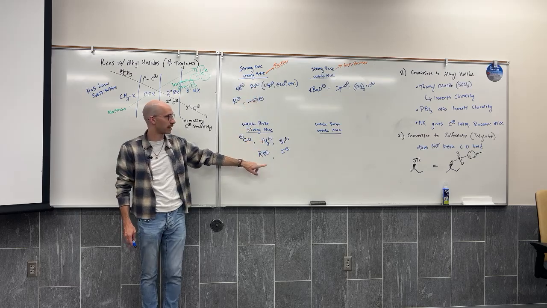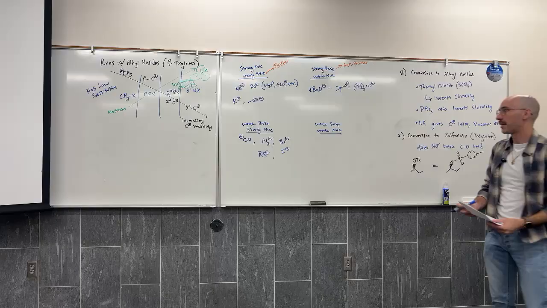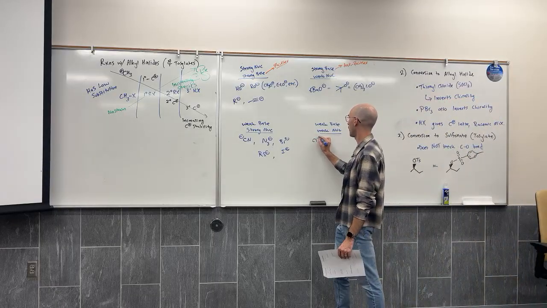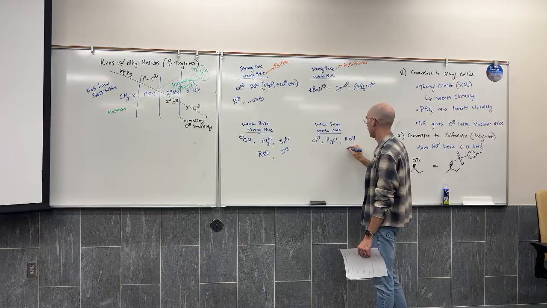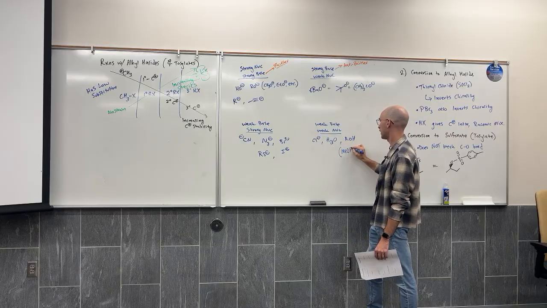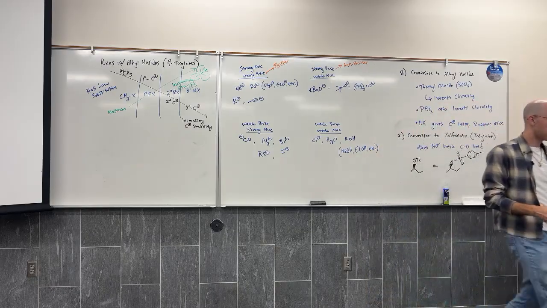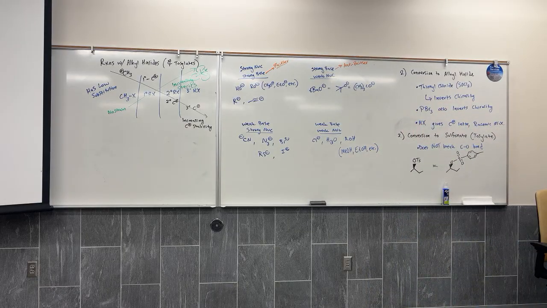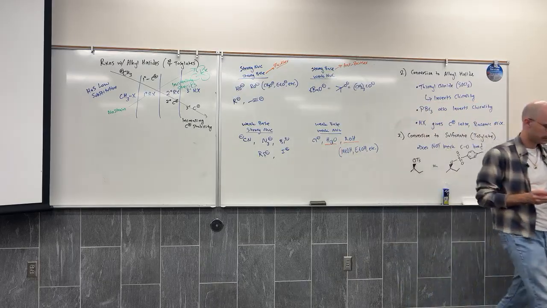Better acid, weaker base. Things that are bad at being nucleophiles and bases, we've got chloride, but predominantly water and alcohols like methanol, ethanol, all of our other alcohols. To be honest, the ones that you're going to see the most often here are water and alcohol.